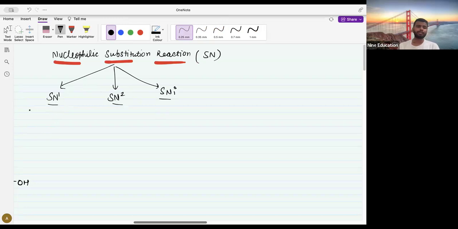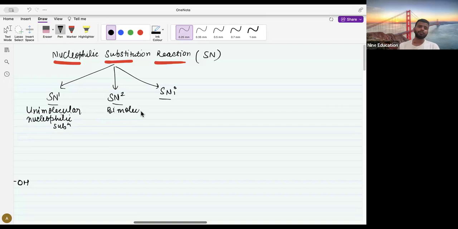है ना? So इसको कहते हैं क्या? Unimolecular nucleophilic substitution. This is known as bimolecular.